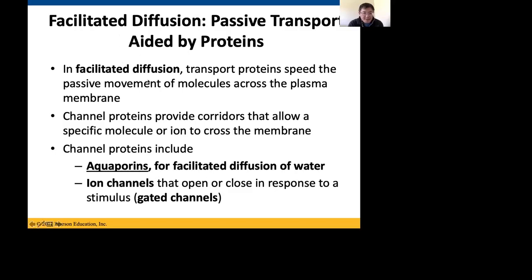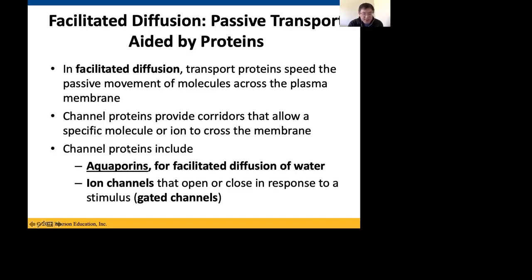The second type is called facilitated diffusion. This diffusion also doesn't need energy. However, it does need a protein to help with the diffusion.